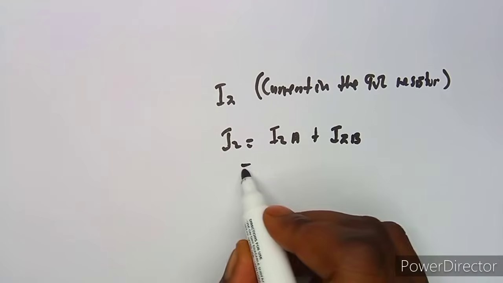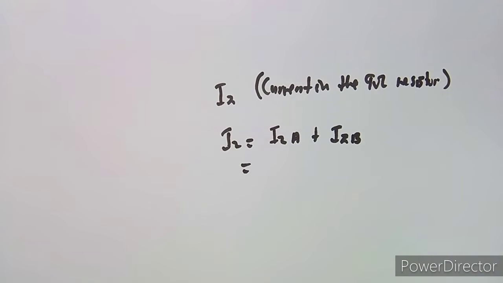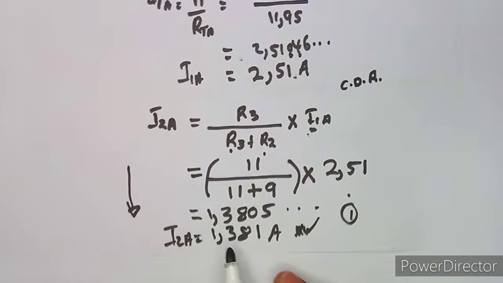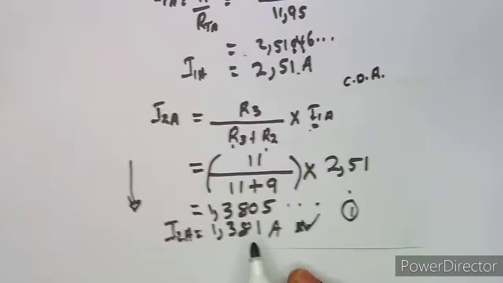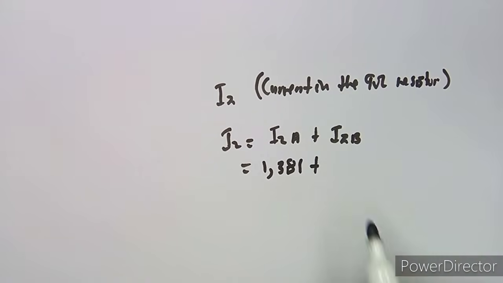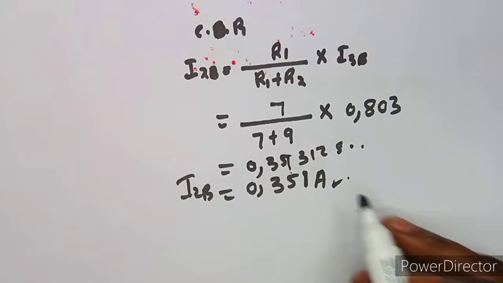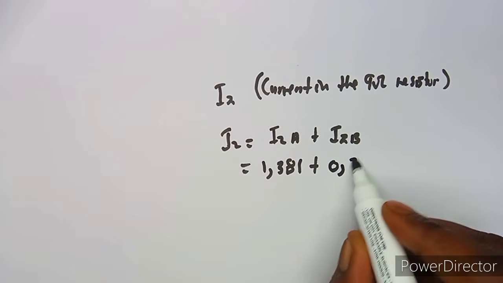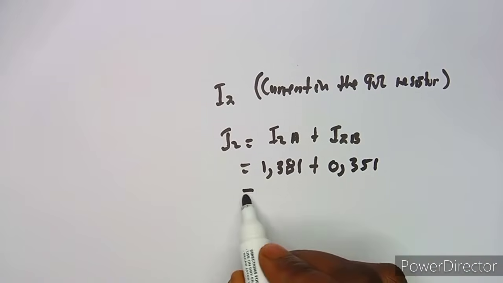All right, so let's substitute now. Our I2A is the first one that we calculated, remember, 1.381, plus our I2B, which is the one that we just calculated now, 0.351.